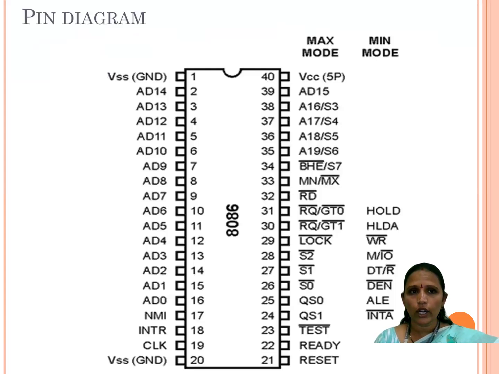This operation is selected using the MN/MX bar signal. If MN/MX bar equals 0, the processor operates in maximum mode. If MN/MX bar equals 1, the processor operates in minimum mode. And these are the read and write signals. This is the pin configuration of 8086.